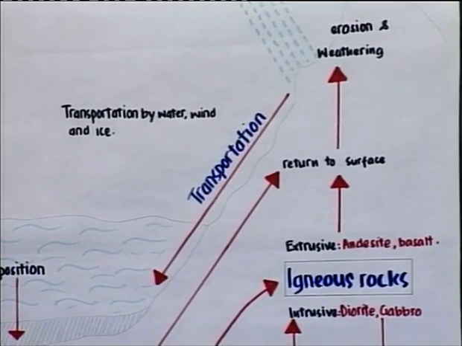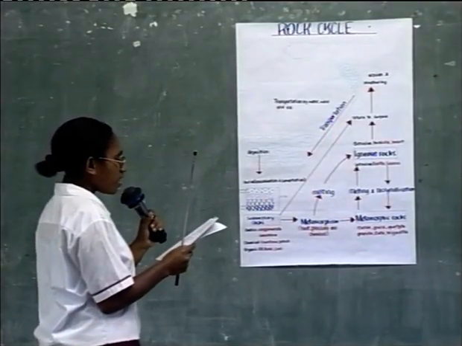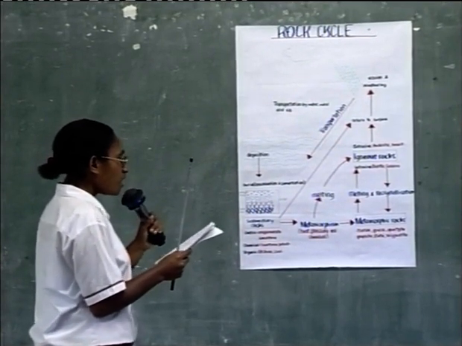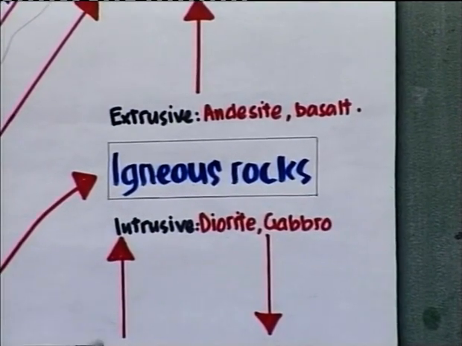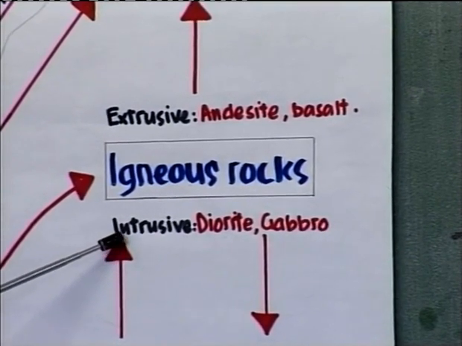The two groups in which igneous rocks are classified are plutonic and volcanic, which are also intrusive and extrusive. Plutonic, intrusive rocks are formed under the surface.